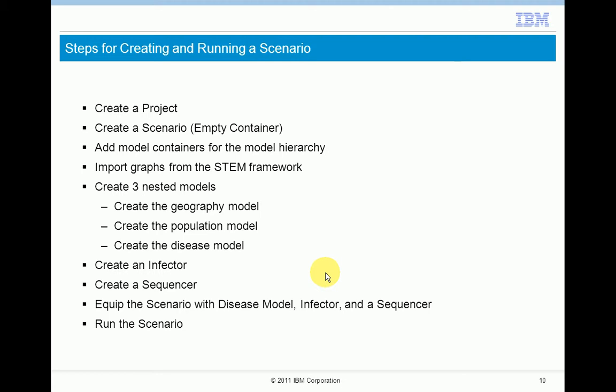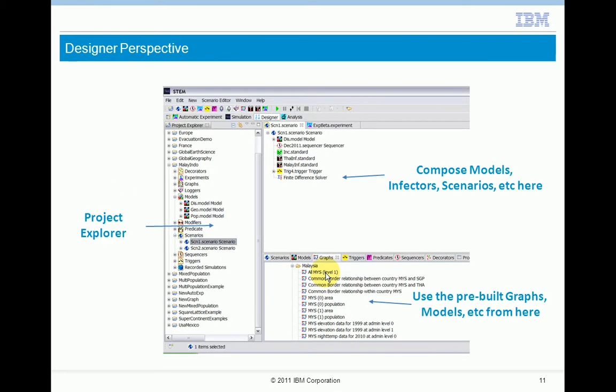You need to also create an infector and create a sequencer. Then you can equip the scenario with your disease model, infector, and sequencer, and then you can run the scenario. That's the minimum the scenario needs to run. Of course, later we'll see that there are other things you can also add to a scenario.